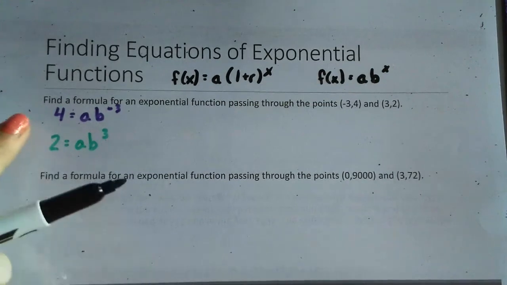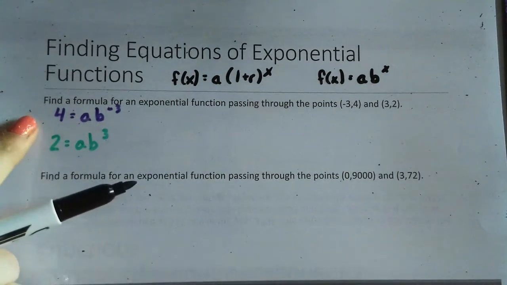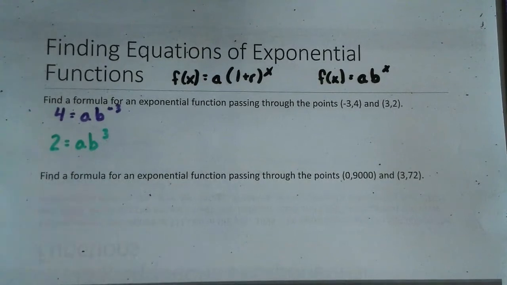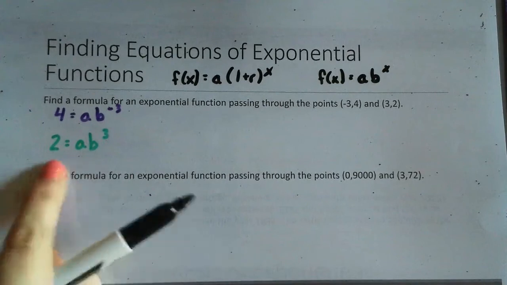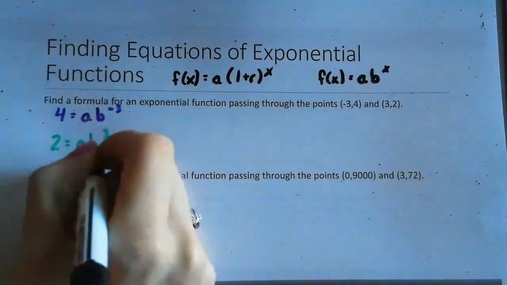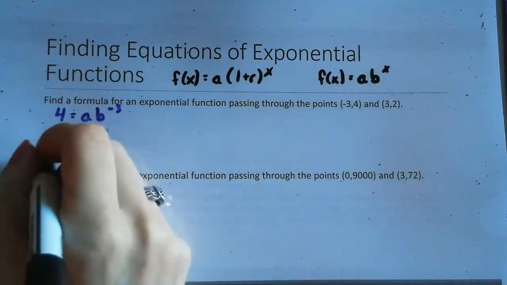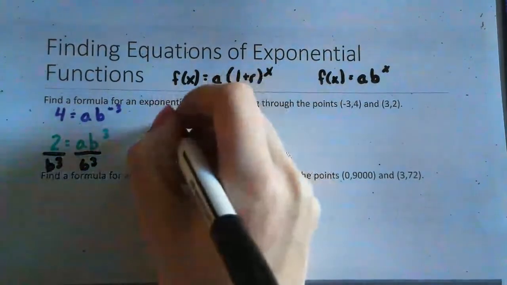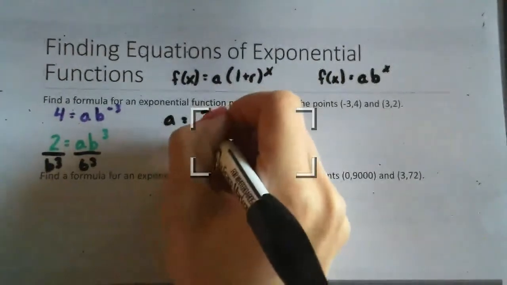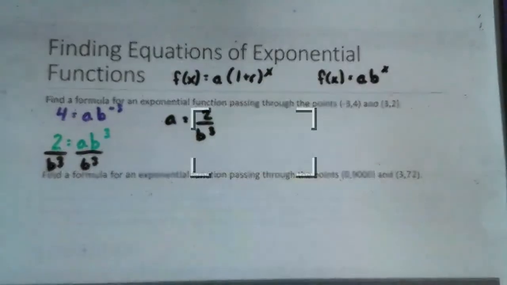So I either need to take 4 = ab^-3 and get a variable by itself, or 2 = ab^3. I think it's going to be easier to work with the second one because I can get a by itself by dividing both sides by b cubed. And that tells me a = 2/b^3.